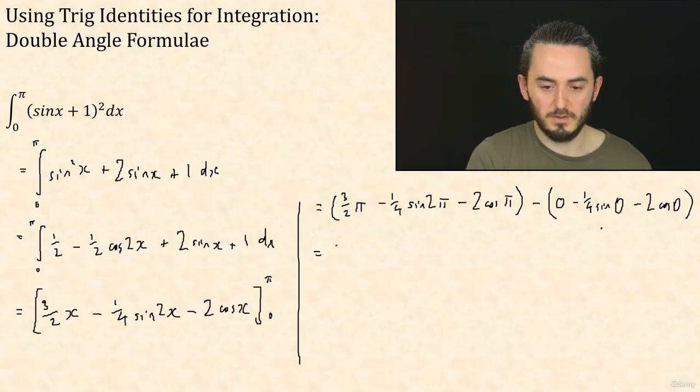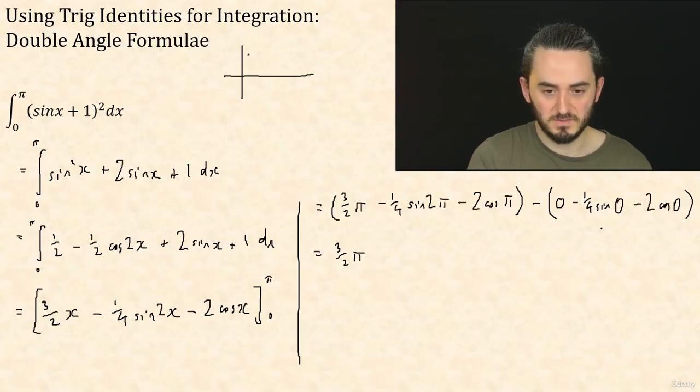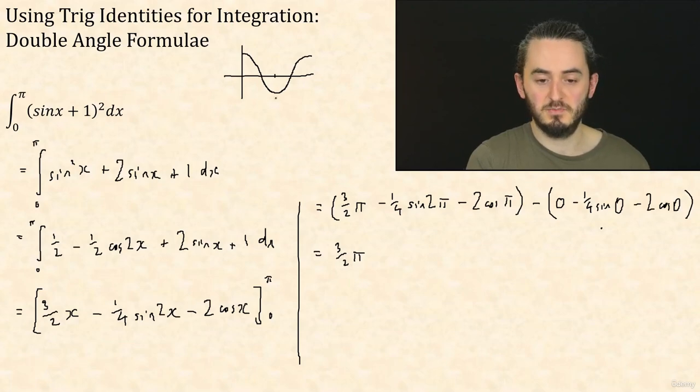So what have we got? I've got 3 over 2 pi. Now, sine of 2 pi is 0, and cos of pi, you can obviously check on your calculator, or you can draw yourself a graph. I definitely like drawing the graphs. Pi is here, so cos of pi is minus 1, so minus 2 times minus 1 is 2.